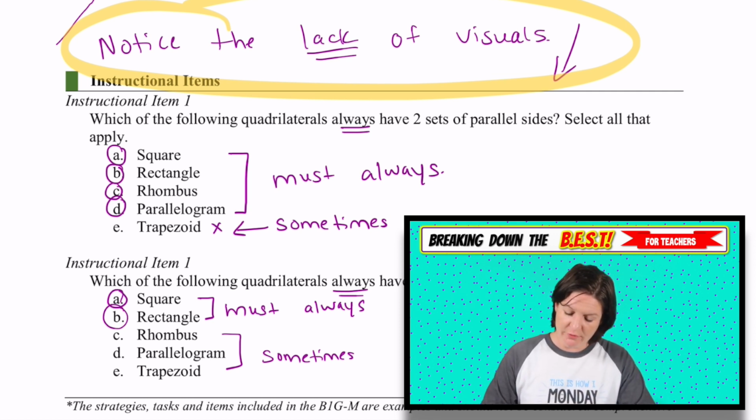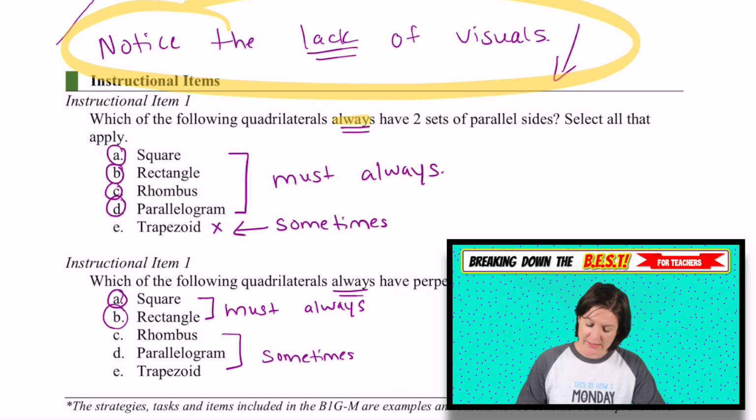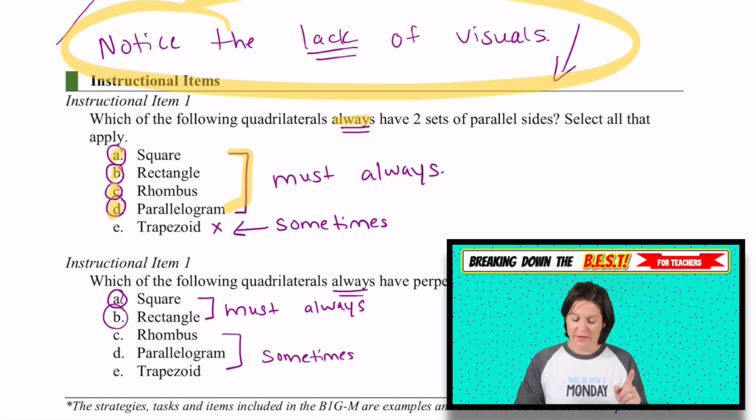So here it says, which of the following quadrilaterals always have 2 sets of parallel sides? Select all that apply. So a square, a rectangle, a rhombus, and a parallelogram must always have them, but a trapezoid only sometimes does. It only has to have at least 1 pair, not always 2. But notice there's no visuals.